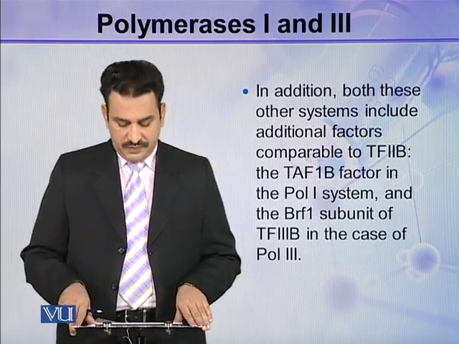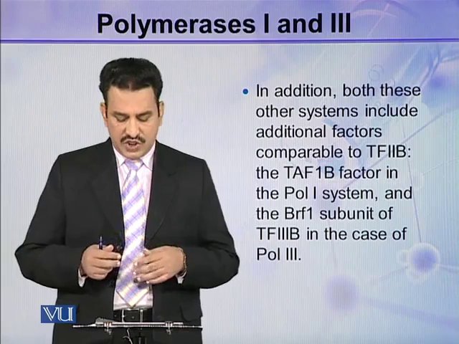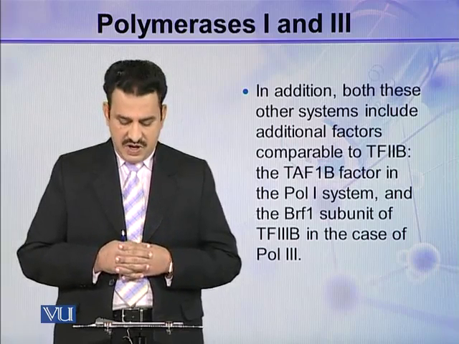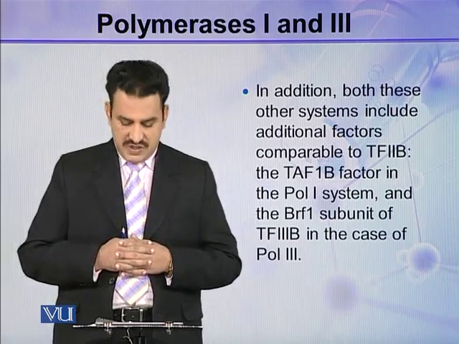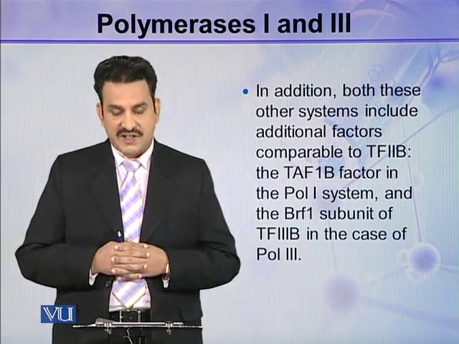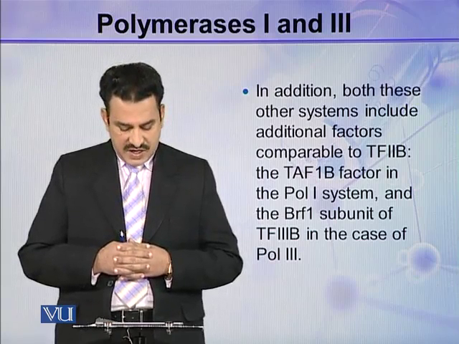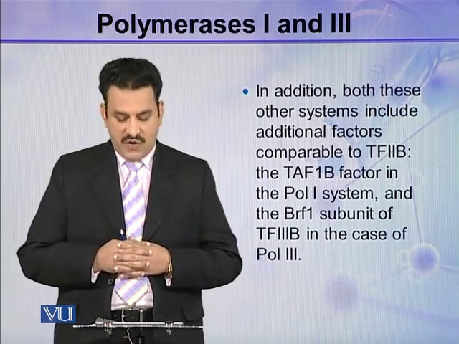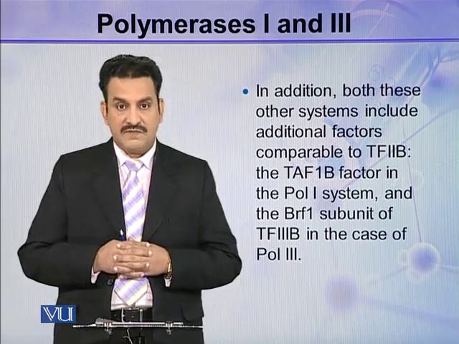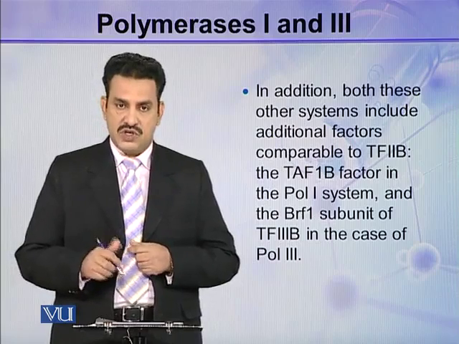In addition, both these other systems include additional factors comparable to TFIIB: the TAF1B factor in the polymerase 1 system and the BRF1 subunit of TFIIIB in the case of polymerase 3.